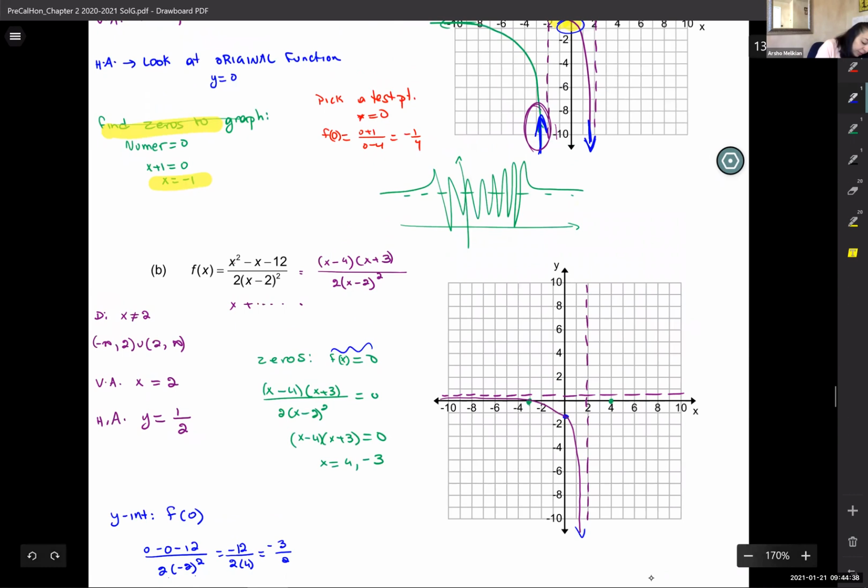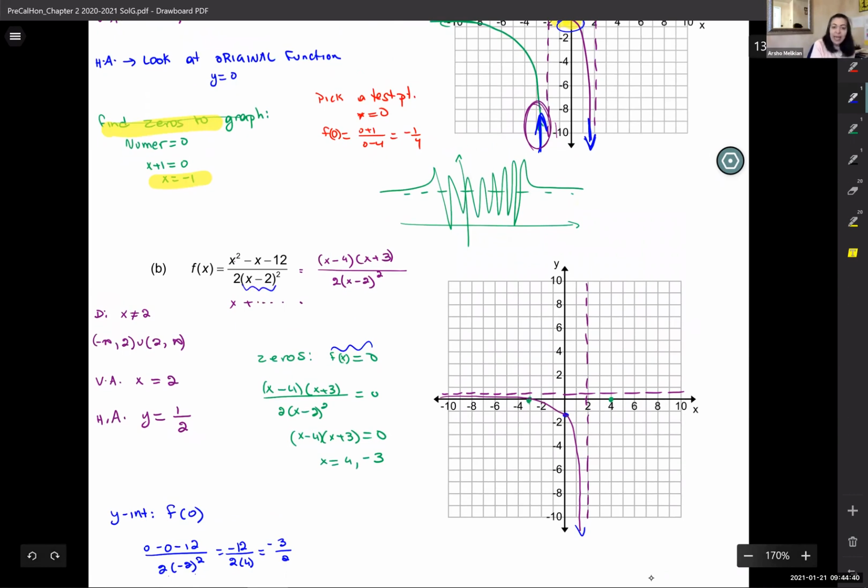It came from here, right? And what's the multiplicity of that term? Our favorite word, multiplicity, 2. That's an even multiplicity, right? Because it's an even multiplicity, when it goes off the screen on the bottom, it re-enters on the same side.